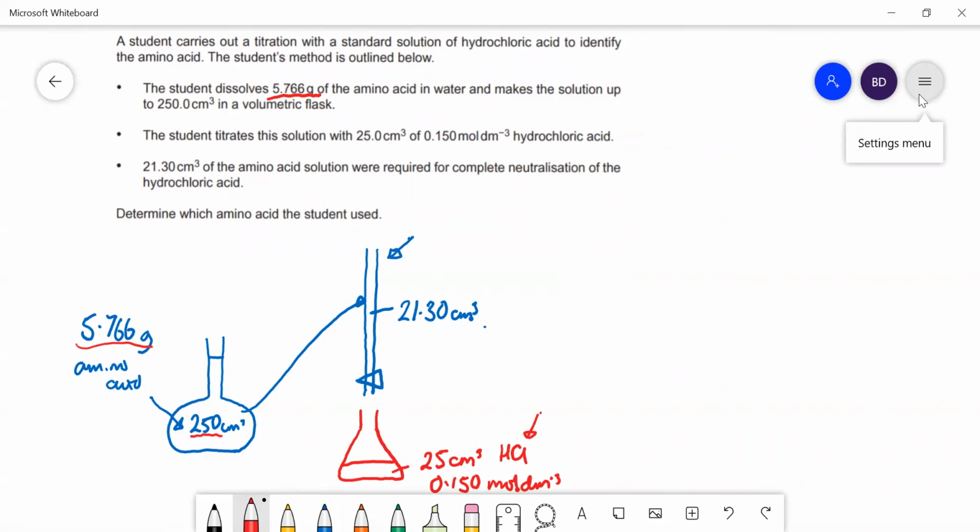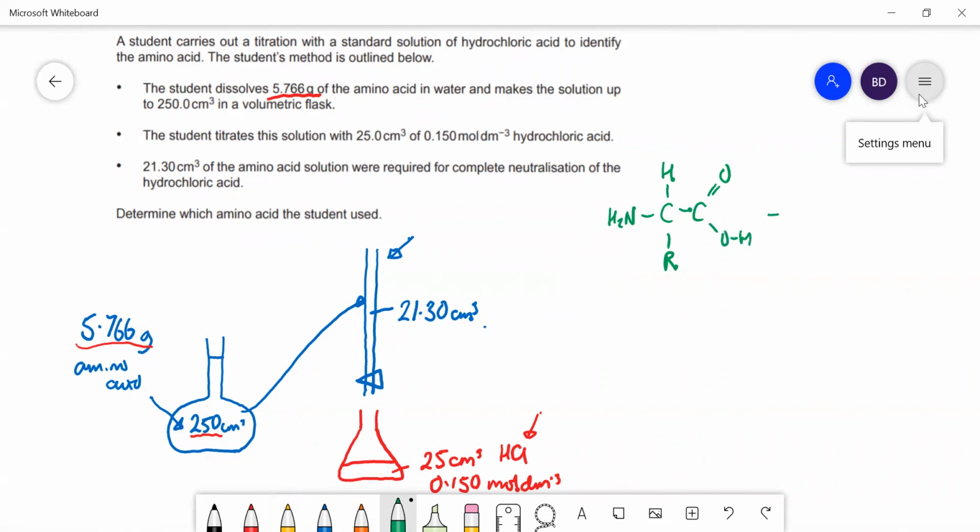Now, we need to look at those. How do amino acids react with HCl? Well, let's just draw an amino acid. We've said it's only the NH2 group that is going to react. Right. So there's our amino acid.